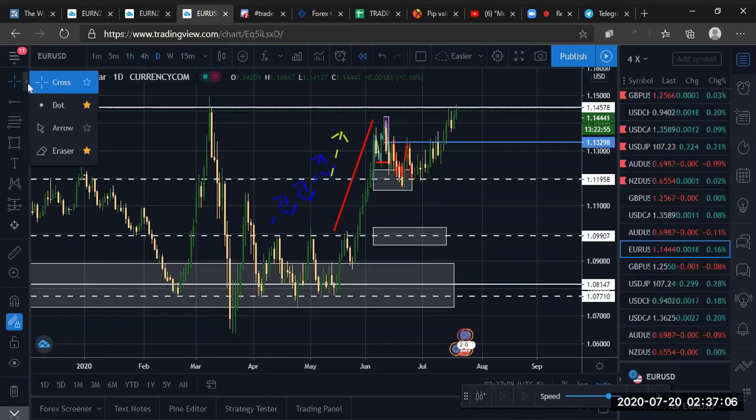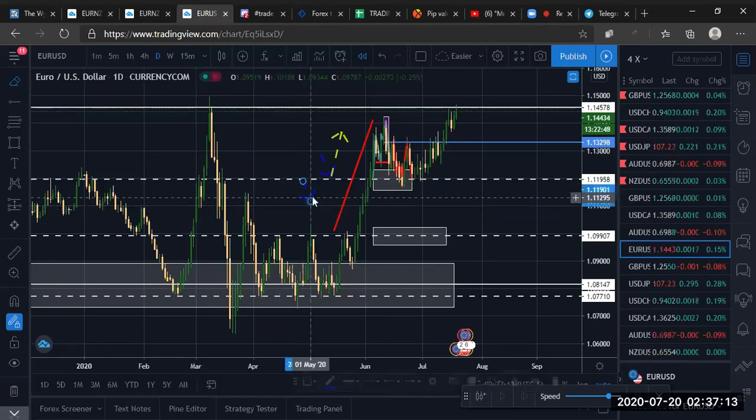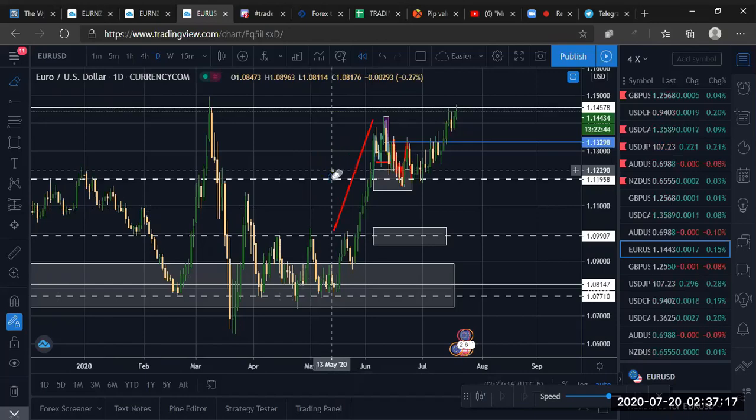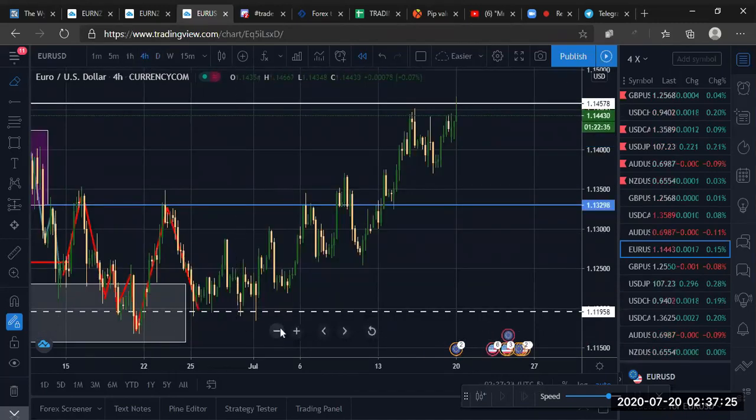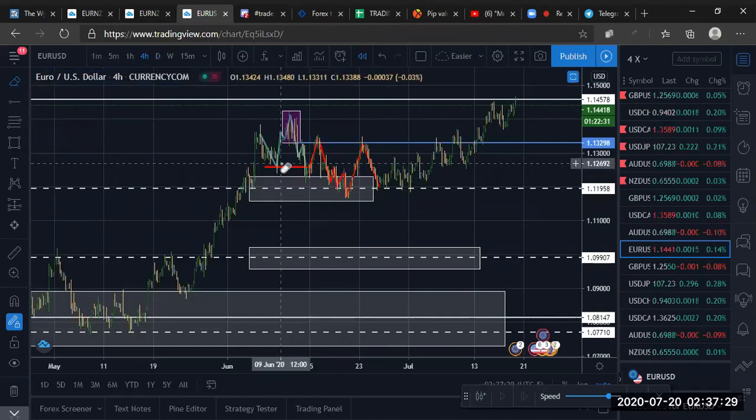Let me clean up real quick. Wow, I got a lot. But yeah, now that I got these support and resistance lines plotted on Euro USD, because I'm actually working on something.